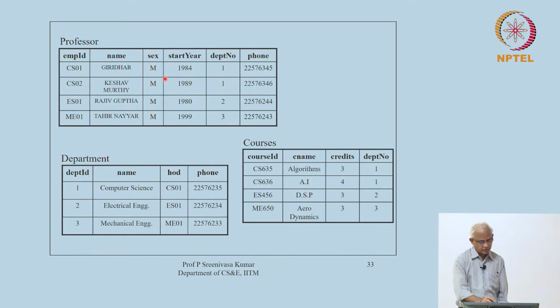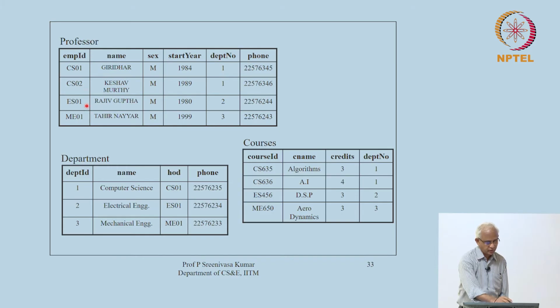Okay, here is a set of data that I will use in order to illustrate a join. Let us see. So, we have a professor relation, a department relation, and a courses relation.